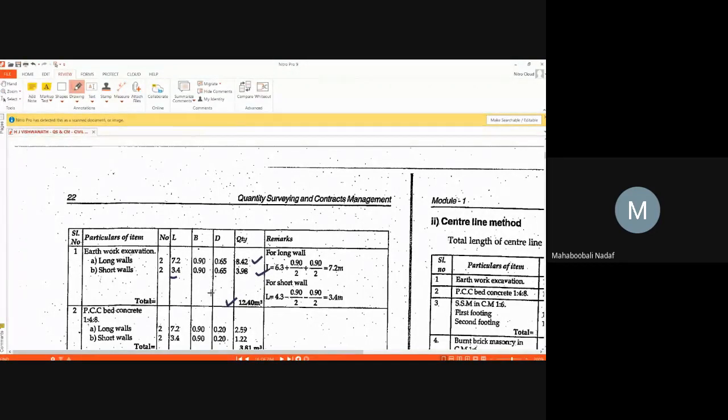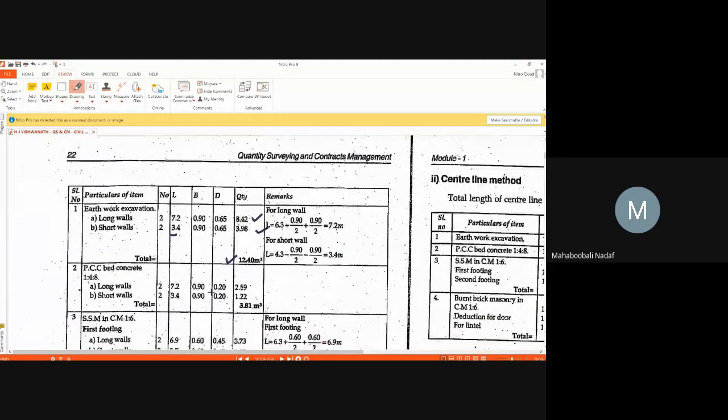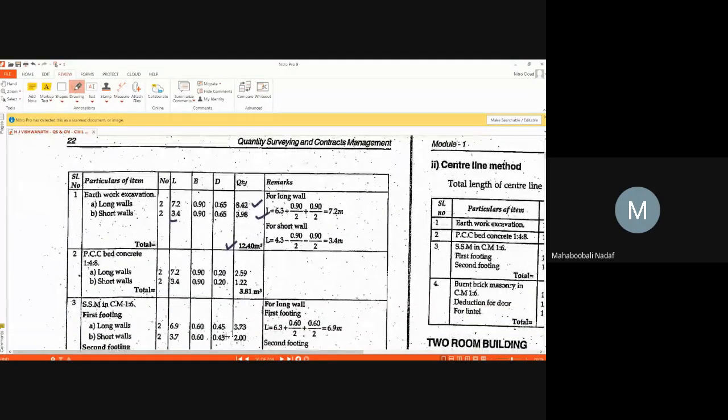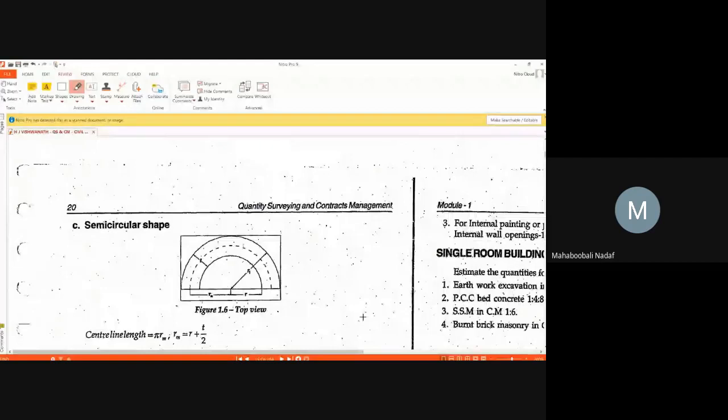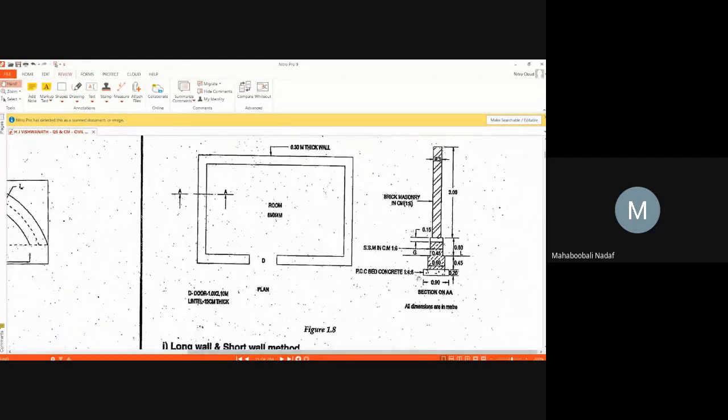Okay. Now slowly we will go to the PCC item. When you see the diagram, where is that? Here. Is my voice breaking? I think I will clarify with other persons. Others, is my voice okay?